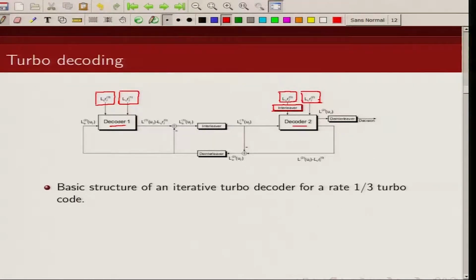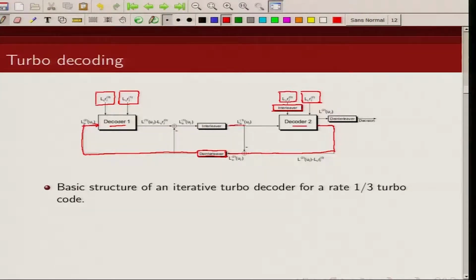I also said there is a third input, which is the a priori value. Note this a priori value is coming from the other decoder, and since the order of information bit here is a de-interleaved version of the order of information bit at the second decoder, you de-interleave it and send this information here.